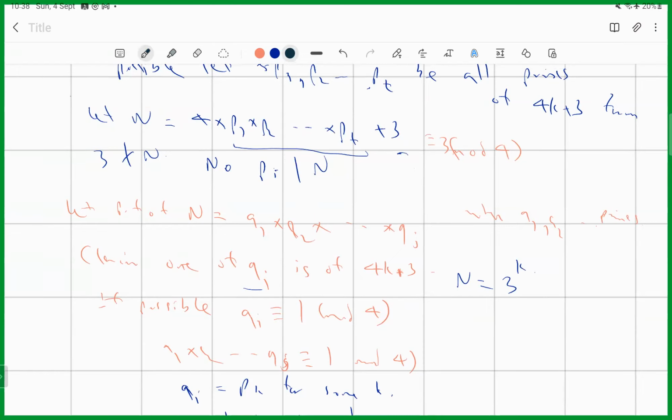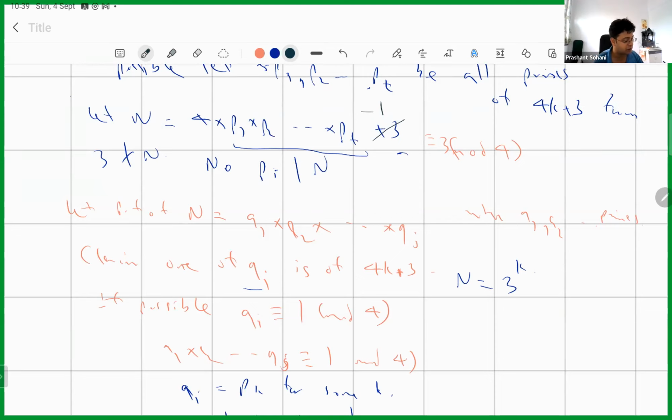Sir, would minus 1 help? Yes, tell me. So if instead of plus 3, you write minus 1. Exactly. So why don't we define n as 4 times this whole product minus 1? Then this problem will go away.